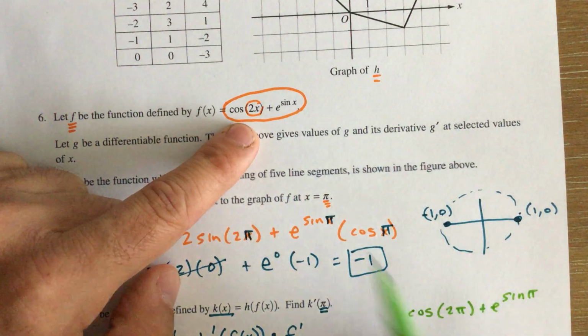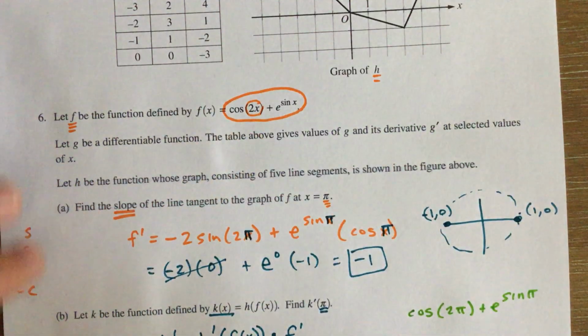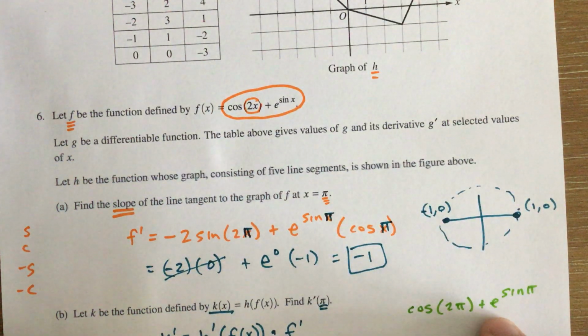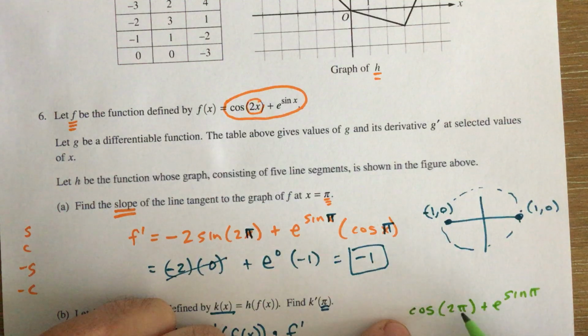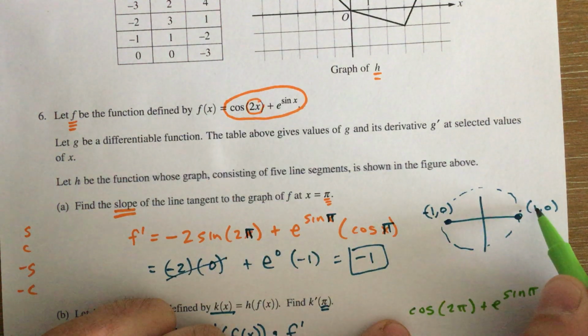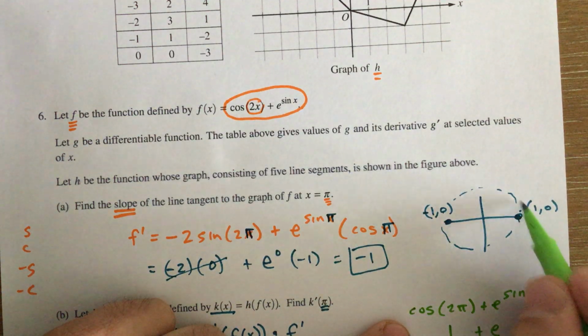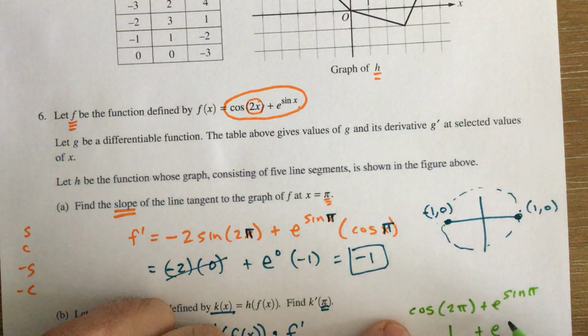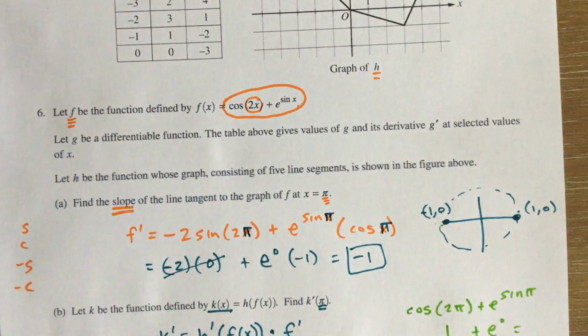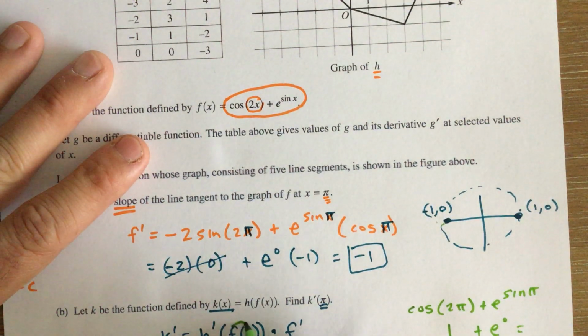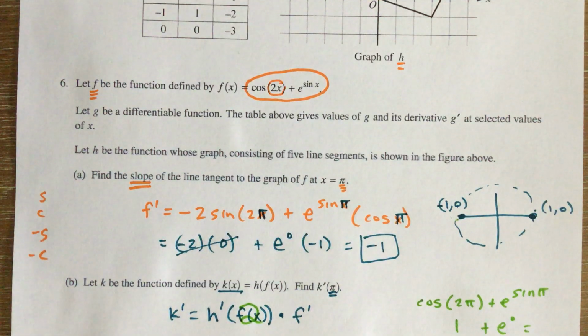Plugging in pi, right? And pi got plugged in there and plugged in there. Once again, I'm using this little unit circle. So cosine 2 pi is going to be right back here in the first place, so it's going to be 1 plus e to the sine pi. Sine pi is over here, the second one, so e to the 0. So that's going to equal 2.